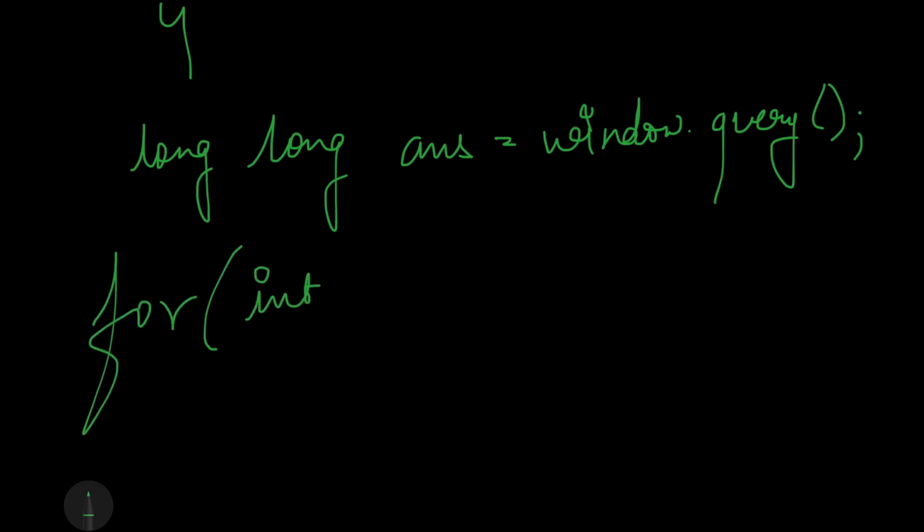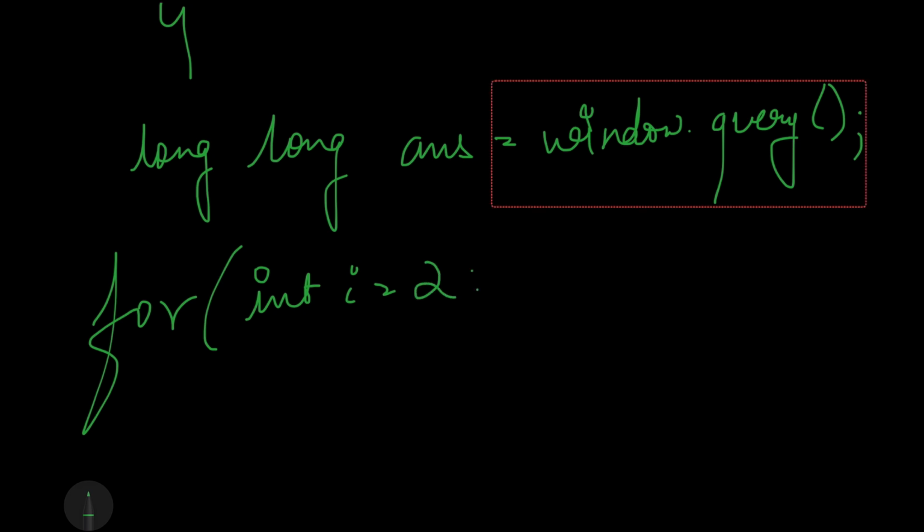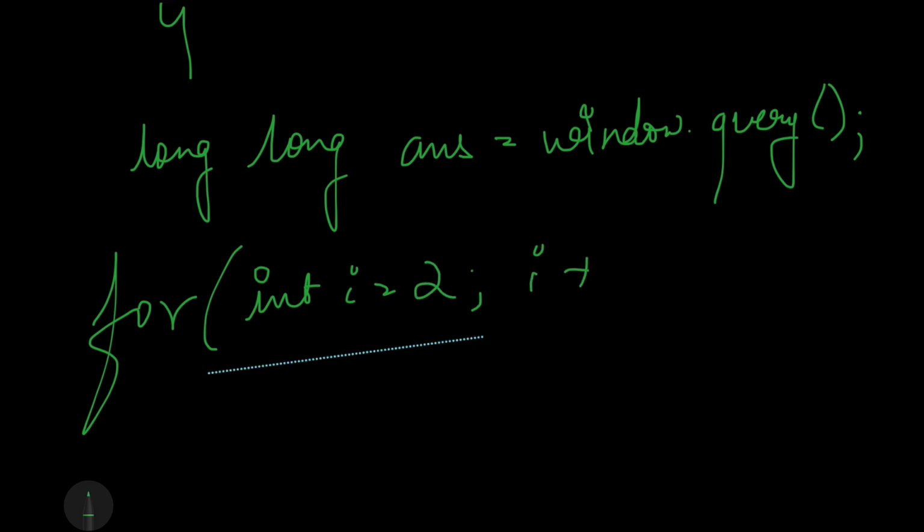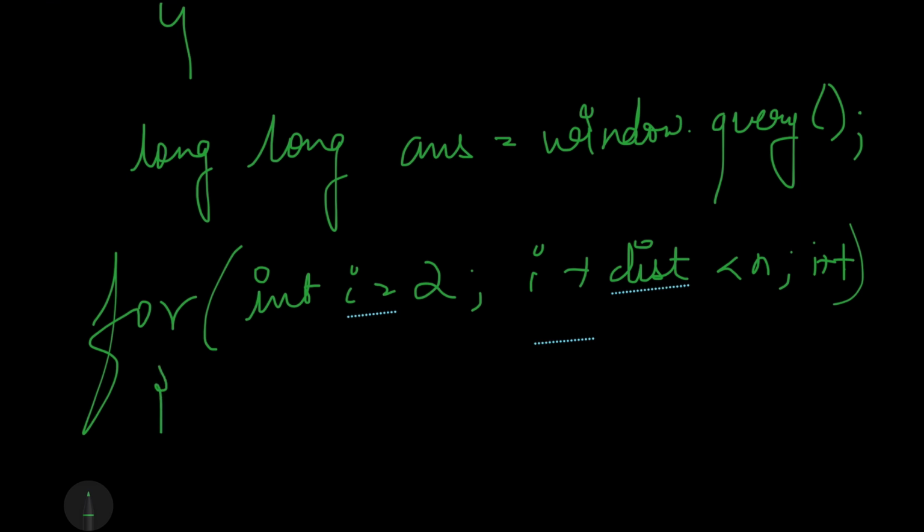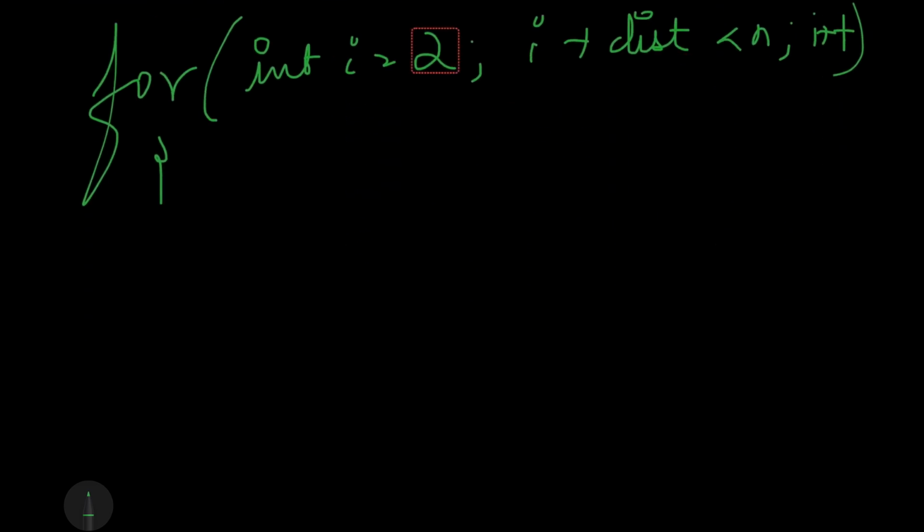Now we'll iterate from 2 till i plus distance is less than n, i plus plus. It will iterate through all the remaining windows.